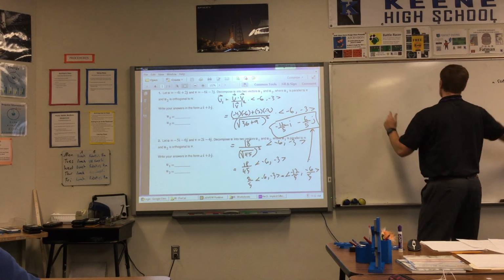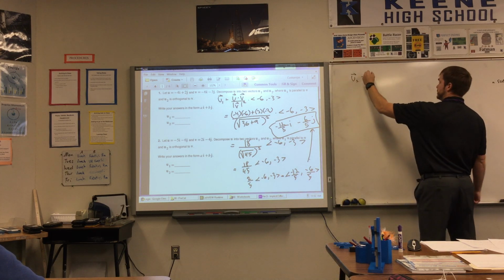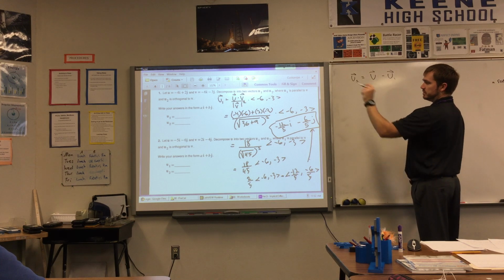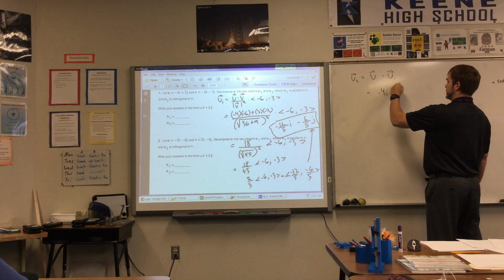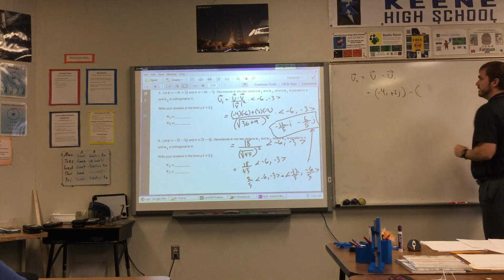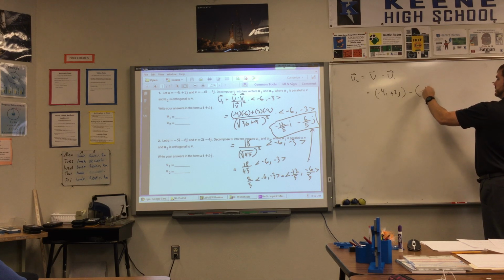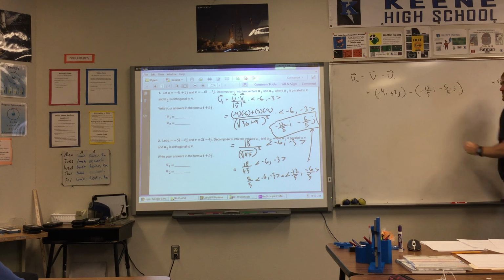And then for u2, we said that's equal to u minus u1. So u was negative 4i plus 2j. And then we're going to subtract from that what we got for u1, which is negative 12 over 5 i minus 6 over 5 j. So this second formula is so much faster, it's just literally subtract.